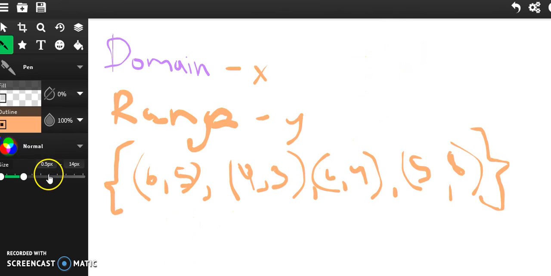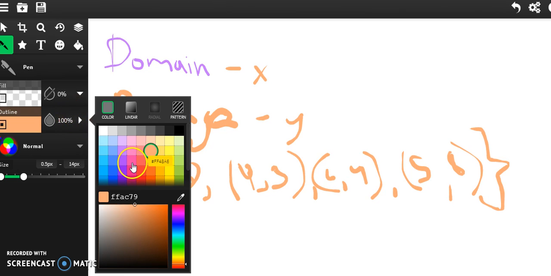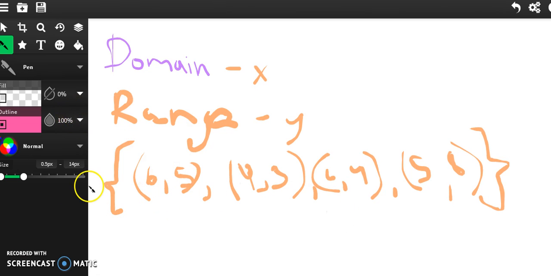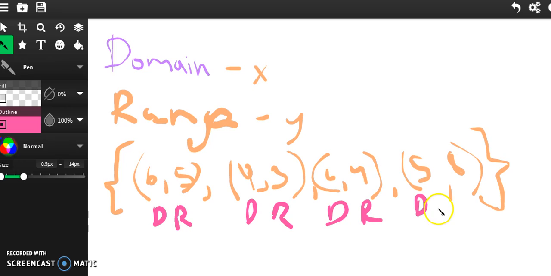I'm going to label the x and the y, or the domain and the range. So you could set up a mapping diagram, which would just pair all the domain values with all the range values. This is my domain, and this is my range.